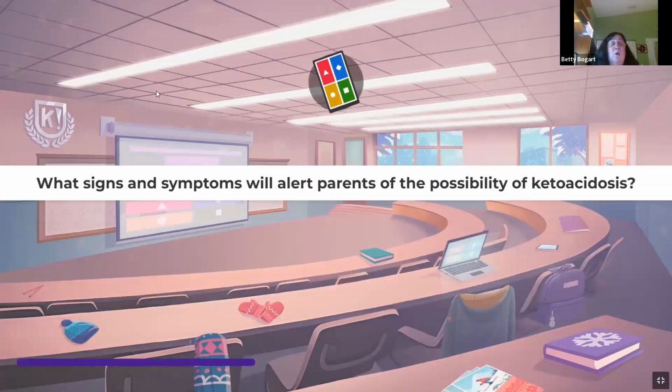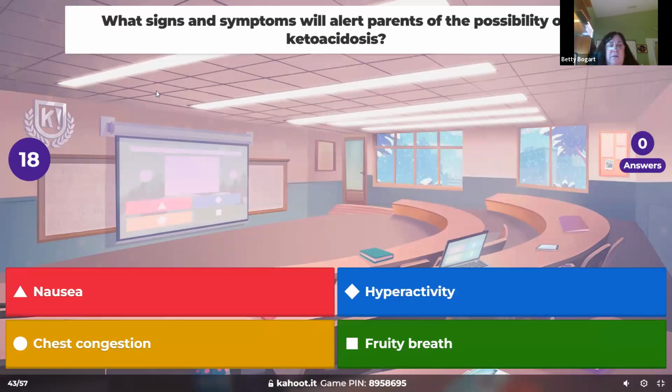Another multi. What signs and symptoms will alert parents of the possibility of ketoacidosis?